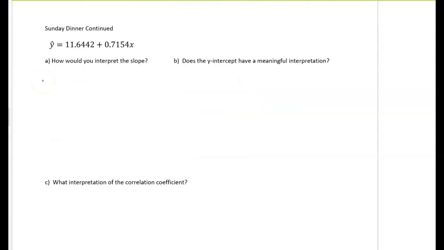Now that we have the regression equation, let's interpret the slope and determine if the y-intercept has a meaningful interpretation. My suggestion is that you pause the screen and interpret the slope on your own, divided by 1, and then remember we put the units.